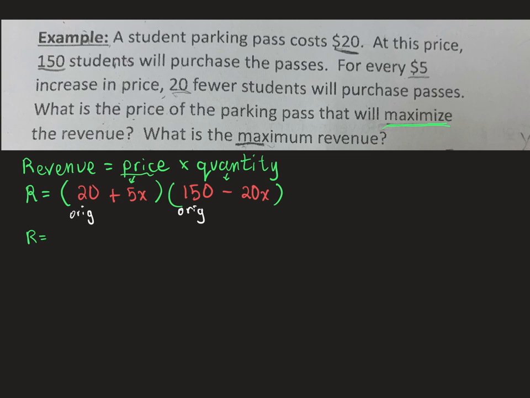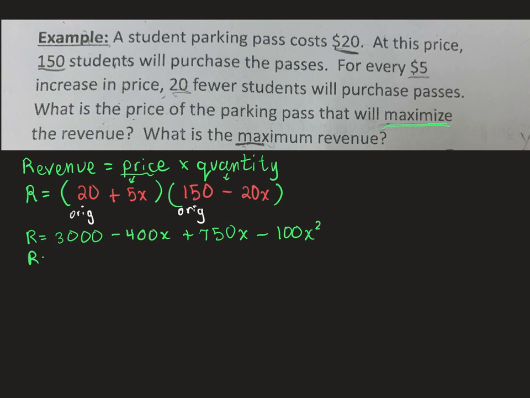So 20 times 150 is going to be, let's see, 30, and then 2 more zeros. Okay, outside would be negative 400, bear with me, I don't have a calculator, and then plus, this would be 750x, and then finally the last terms multiplied together would be negative 100x squared.